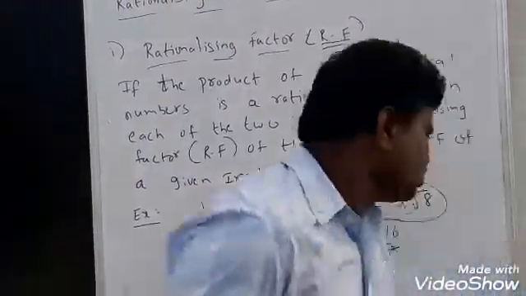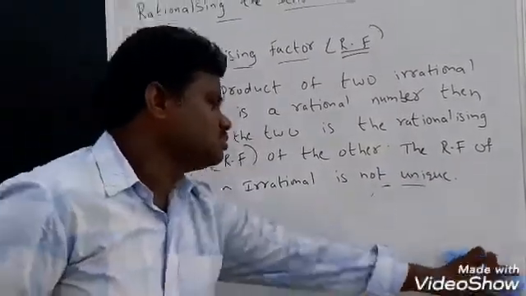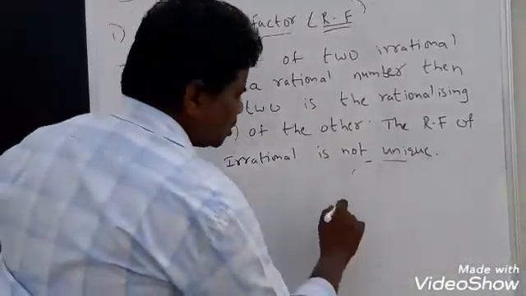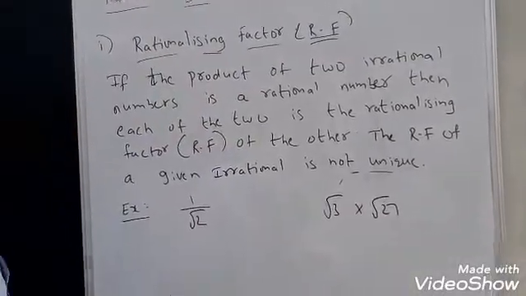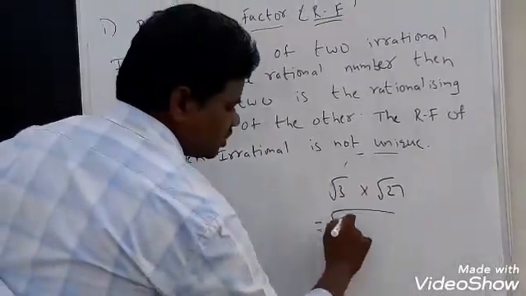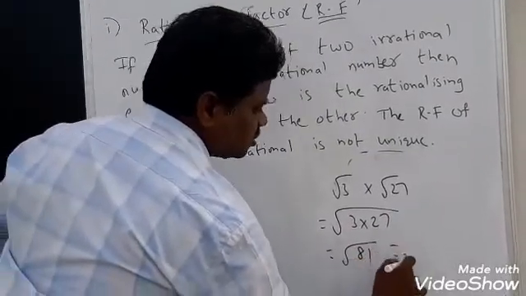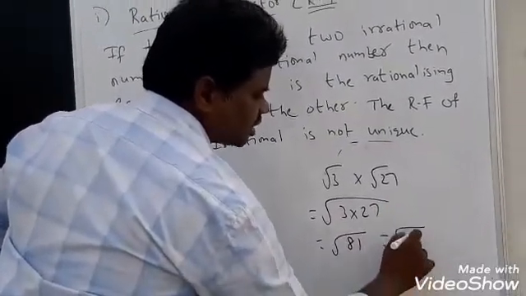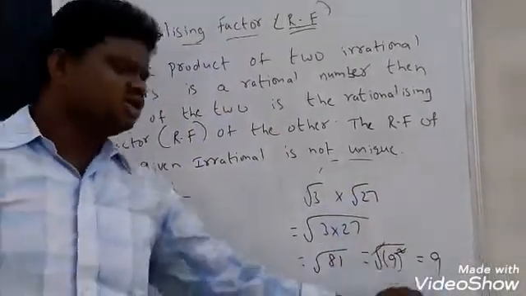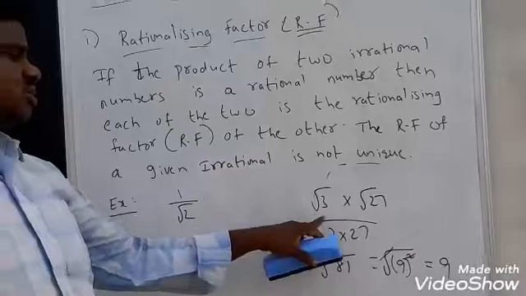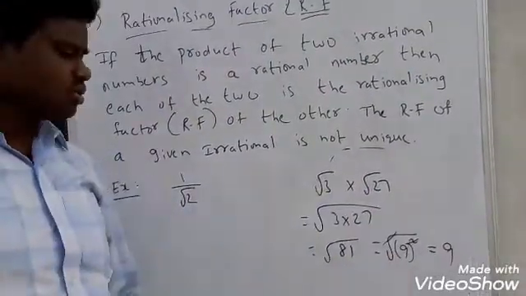If you take another example, root 3 into root 27. This can be written as root of 3 into 27, that is root 81. Root 81, 81 can be written as 9 square, that is 9. So if you multiply two irrational numbers, you get a rational number. That's why you can say that root 3 is the rationalizing factor of root 27.